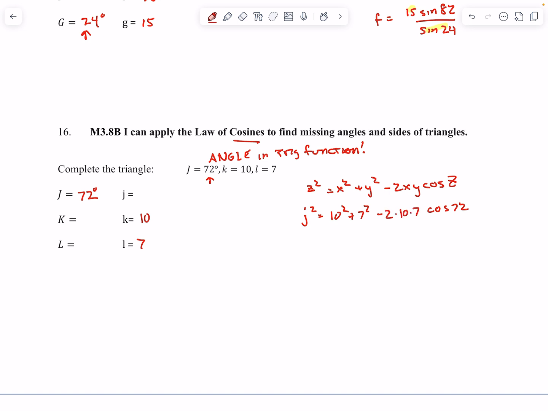Okay. This is all one big number on the right-hand side. And j is the square root.